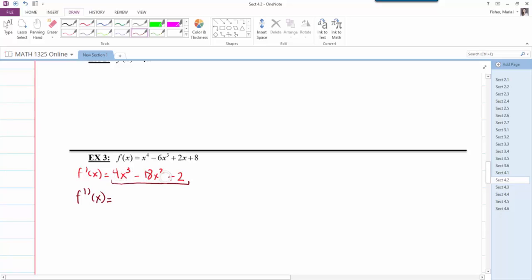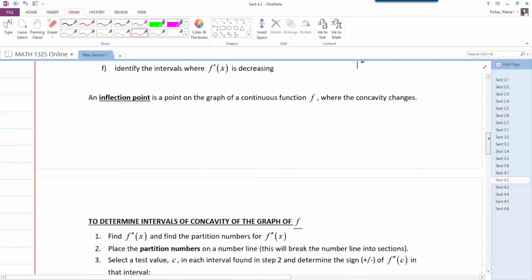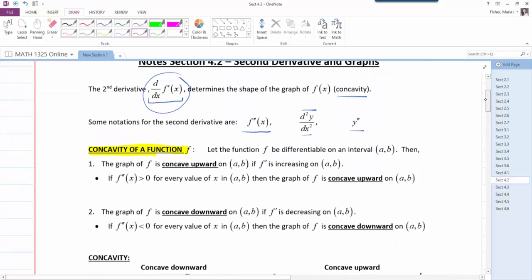So we're going to take the derivative of the derivative we just found. So here, we get 12x squared minus 36x. We'll finish example 3 later, but the second derivative is just the derivative of the first derivative. So what does it represent in a function?